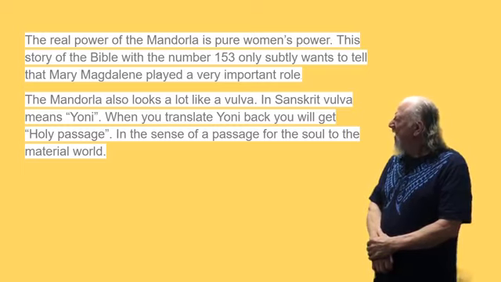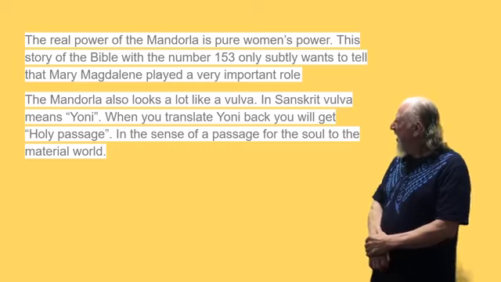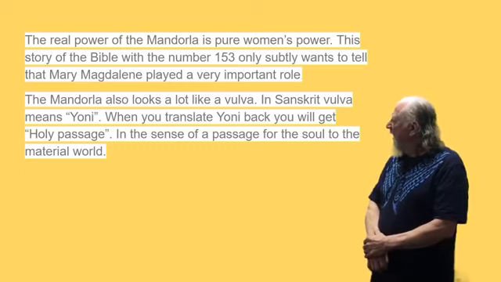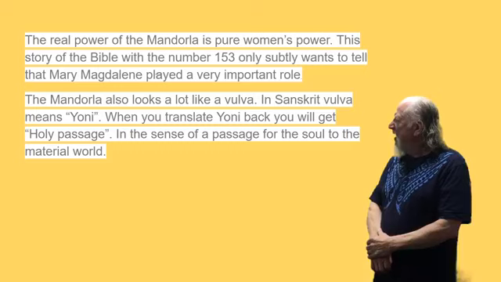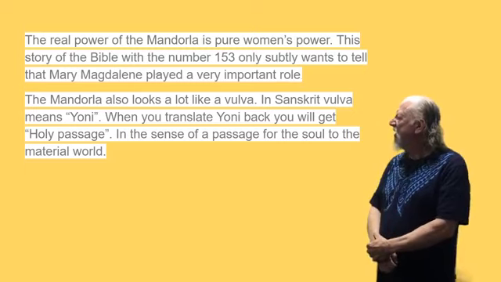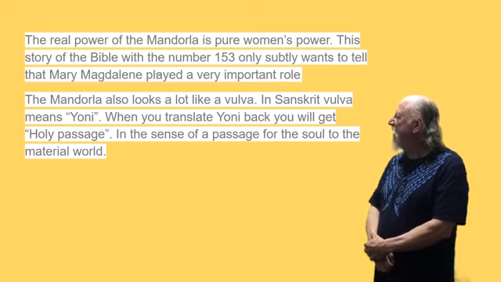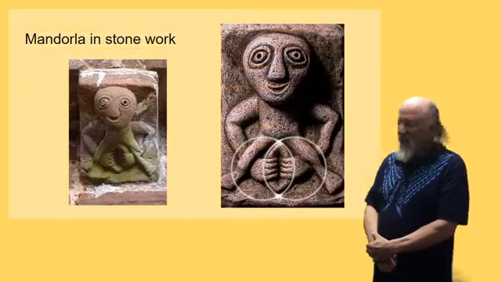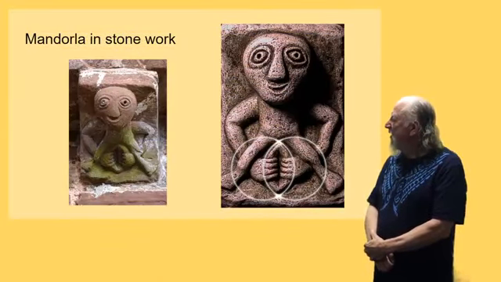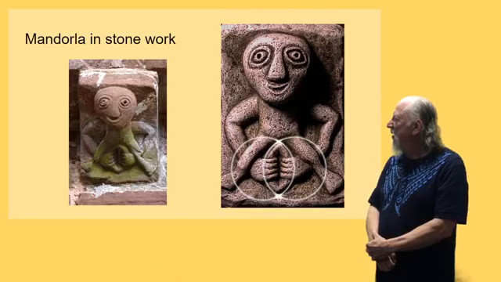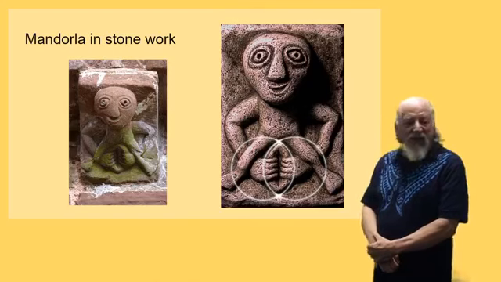The mandorla also looks a lot like a vulva. In Sanskrit, vulva means yoni, which when you translate it back, you get the words holy passage. In a sense, a passage for the soul to the material world. Next. And there's some stonework showing the mandorla. So that's pretty ancient knowledge.